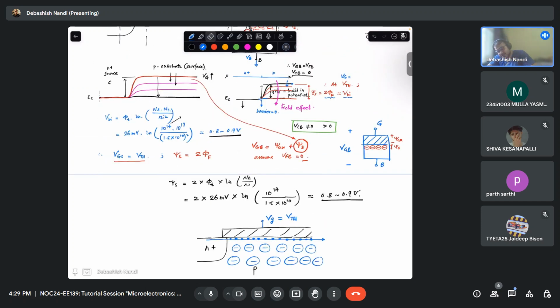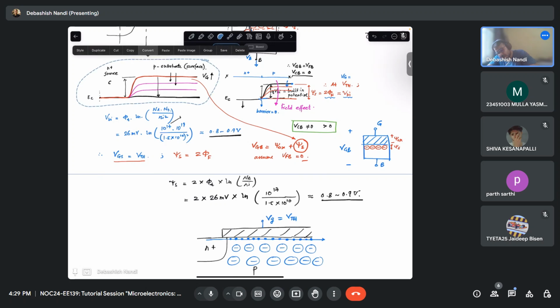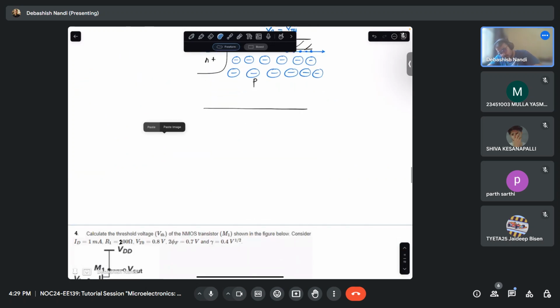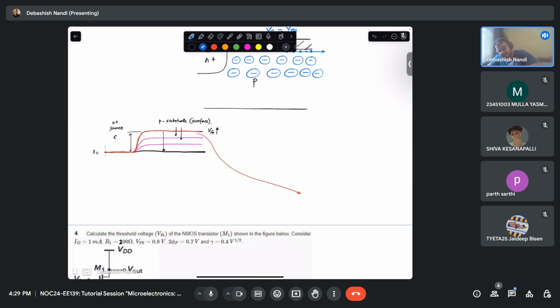So if you just copy this band diagram, what happens when you increase your VCB? What will happen to this level? This will also drop. Now think of it this way: your VG is at VTH, let's call it VTH0.